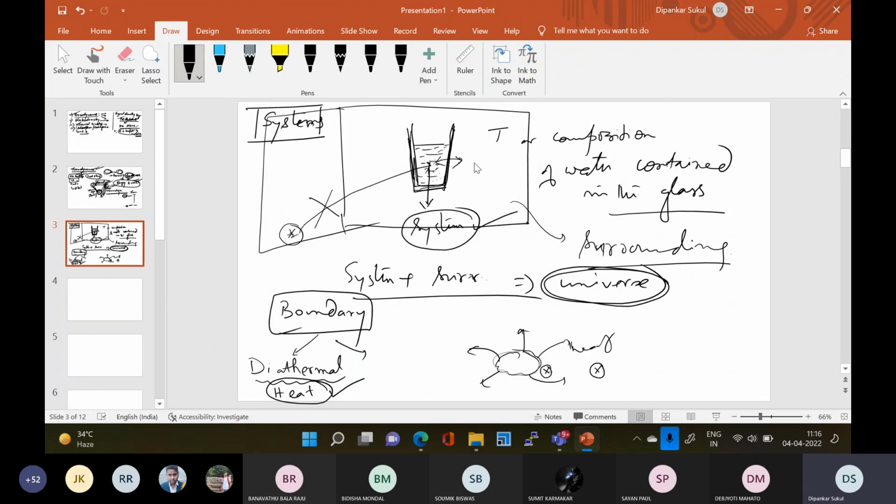And another boundary is called an adiabatic boundary or adiabatic wall, where heat is not allowed to pass between your system and surrounding, just like a thermoflask. In the ideal case, obviously no thermoflask is ideal. In all types of thermoflask, there will be a loss of heat after prolonged use. But ideally, a thermoflask should be an example of an adiabatic boundary.